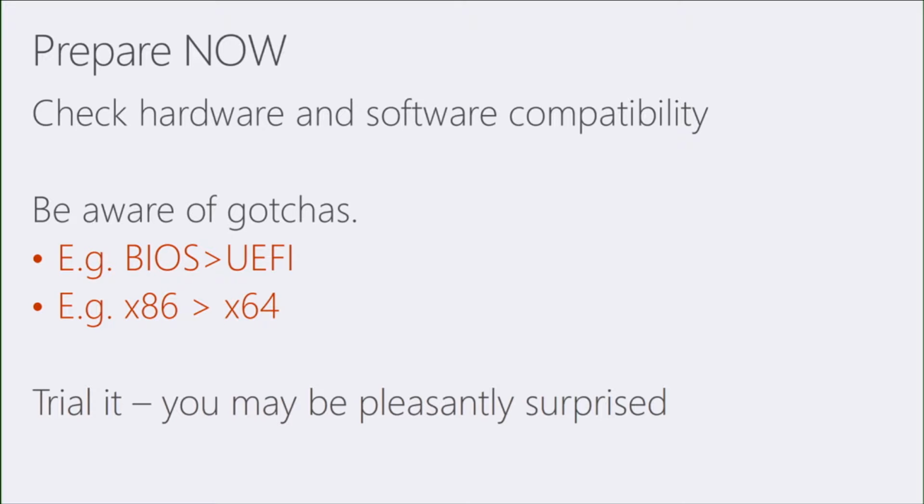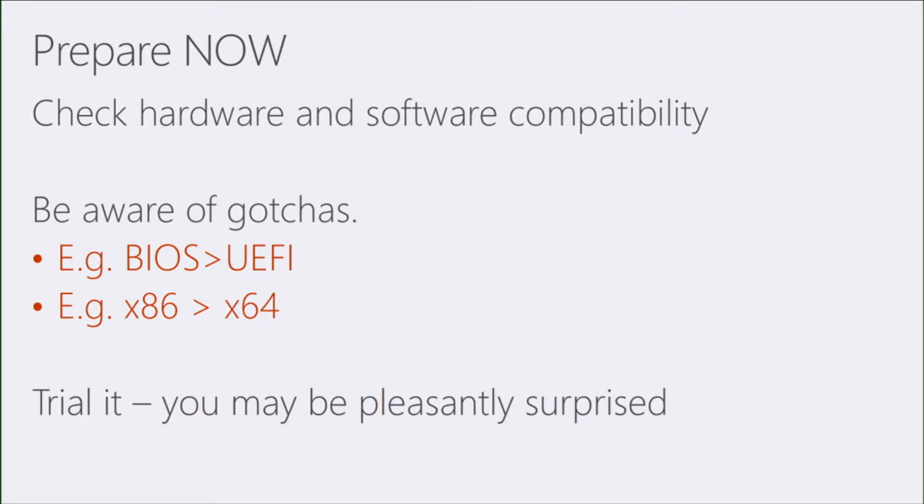There are a few gotchas, however. There are a few situations where that's not going to work, so let's be fair and call some of those out. Moving from a legacy BIOS to a UEFI configuration. Some people have a UEFI on their systems, but deliberately disable that and put it in backward compatibility mode. Switching around between 64 and 32-bit builds, that's not going to happen either. In-place upgrades don't like that.